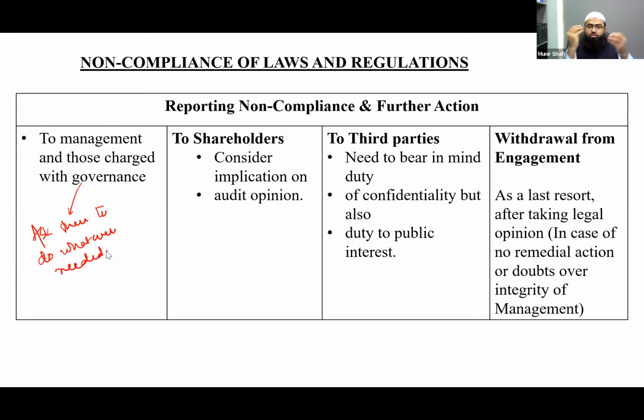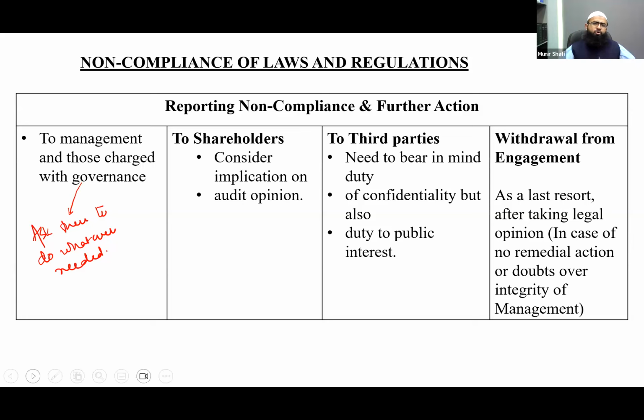Third parties, if there is a need, you might also be required to communicate this to third parties, to the regulator. For example, suppose you get to know during the course of audit that your company is a plastic toy manufacturer and they're using a harmful chemical, and that harmful chemical might be injurious to the health of the children.